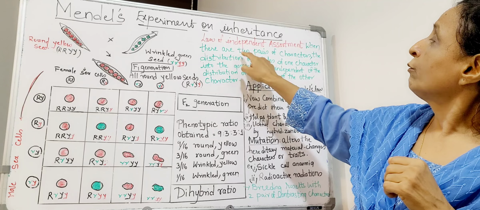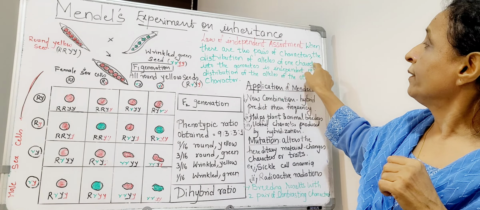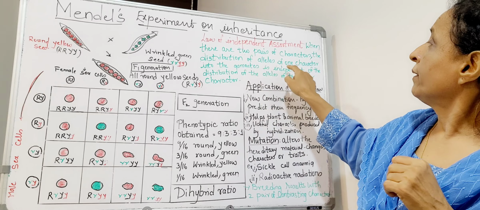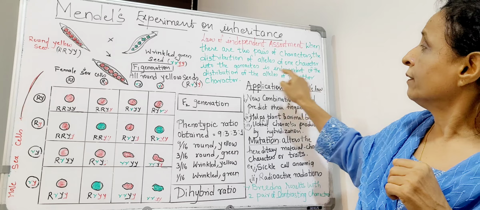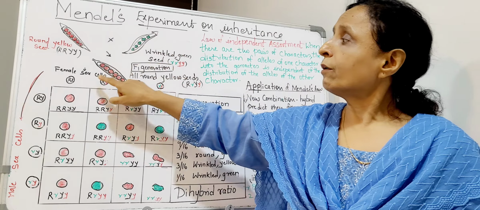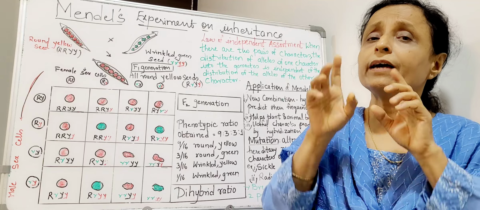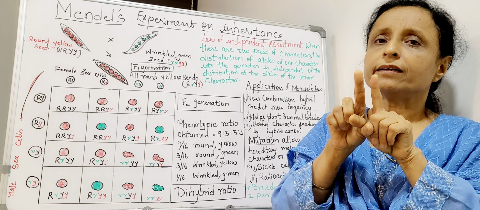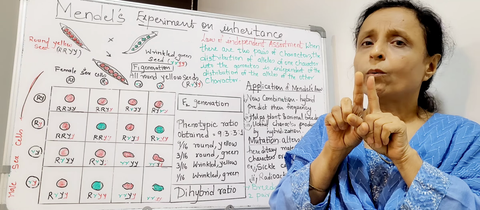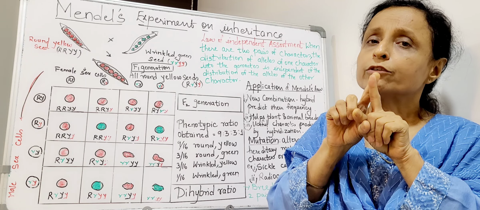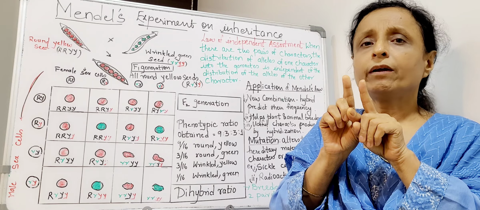When there are two pairs of characters, the distribution of alleles of one character into the gamete is independent of the distribution of the alleles of the other character. Here also you can see the round and wrinkled, they are one allele. So round or wrinkled, one is dominant, one is recessive. So here the combination takes place, whichever is dominant will be formed.